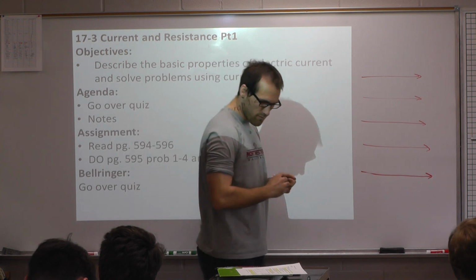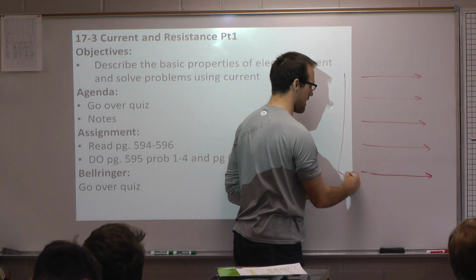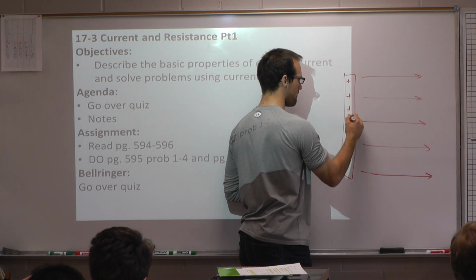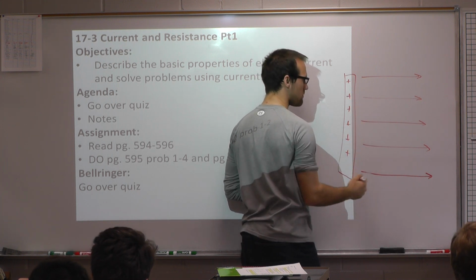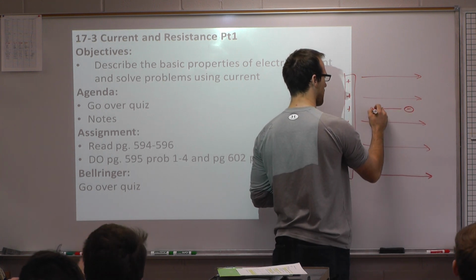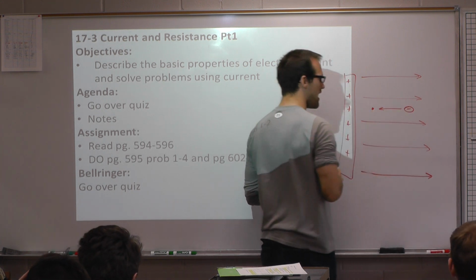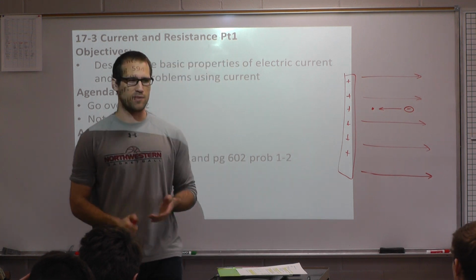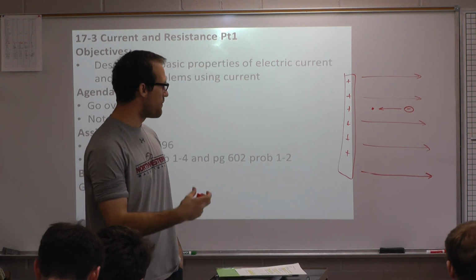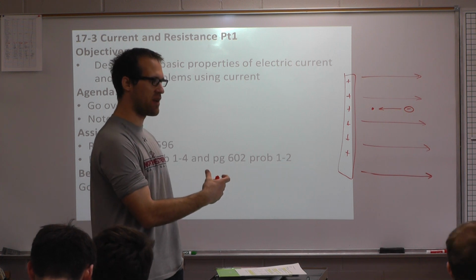If this is a positive plate, and I have a negative charge going this direction, am I increasing or decreasing in potential energy? Decreasing. I'm allowing it to go in the direction that it wants to go.